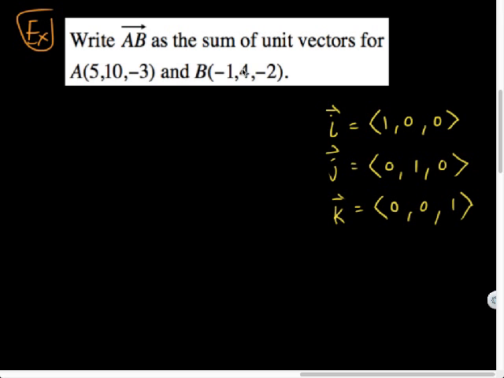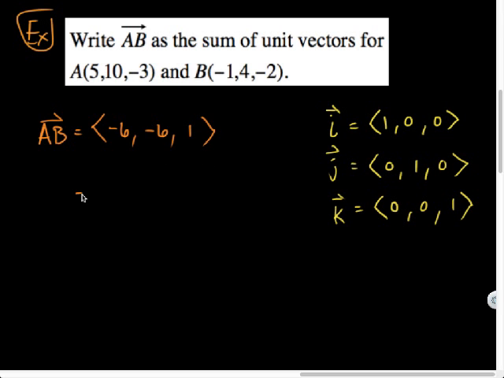So if I wanted to represent this vector AB, first of all, to find vector AB, I'll subtract their corresponding elements. So -1 minus 5 is -6. 4 minus 10 is -6. -2 minus -3 is +3, which I think is 1. Yep. So here's the vector as an ordered triple.